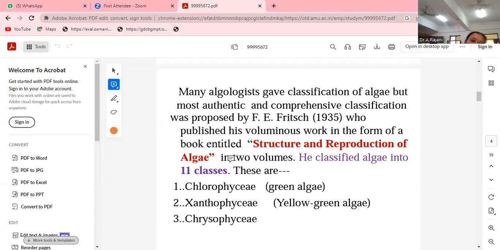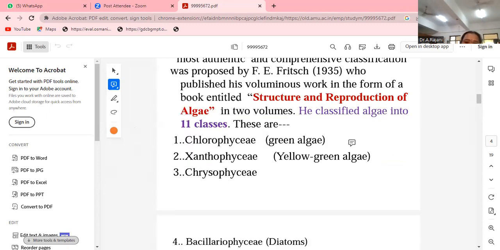Very important, girls. This book is sometimes asked in questions: what type of book did Fritsch publish? Here, he classified a total of how many classes? 11 classes and 49 orders.